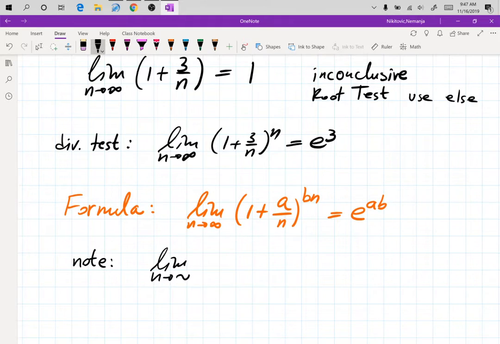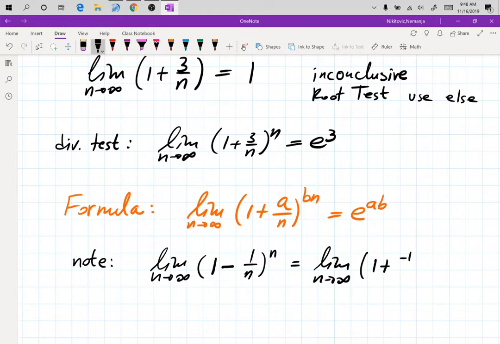As a note, the limit as n goes to infinity of (1 minus 1 over n) to the n is actually the limit of (1 plus negative 1 over n) to the n. It's just algebra black magic there.